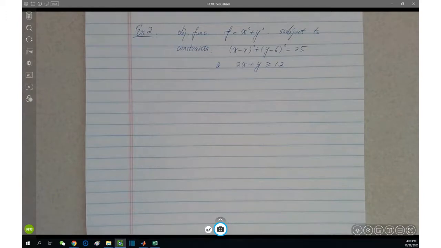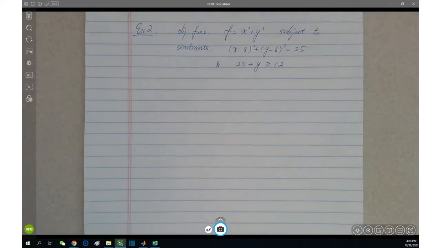We don't need to identify who is whom, right? It's already clarified. The objective function is x squared plus y squared. The constraint functions include one equality and one inequality, right?